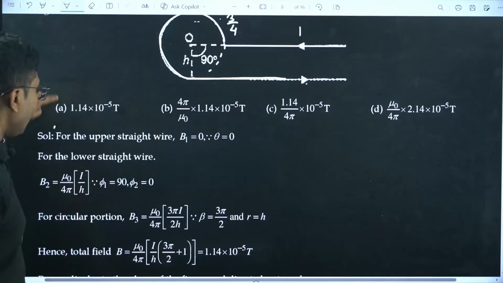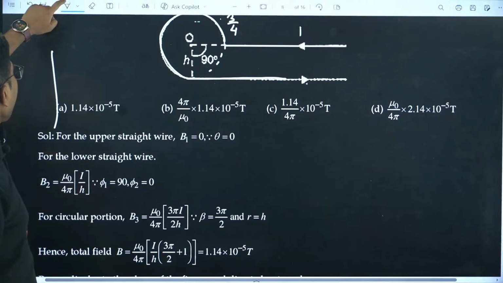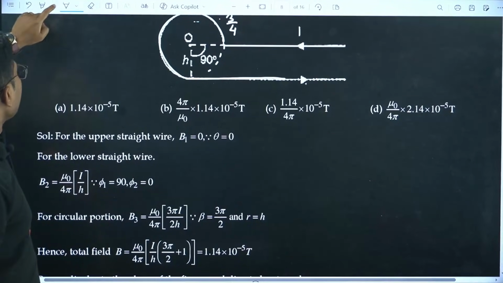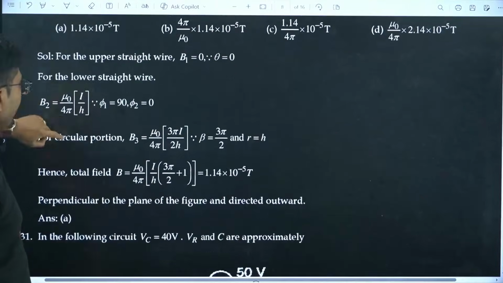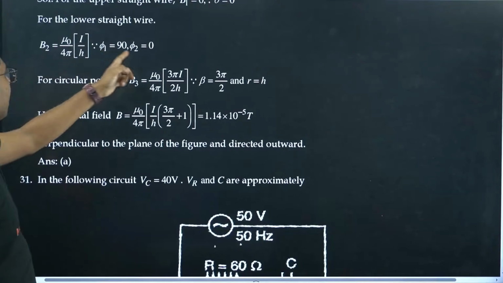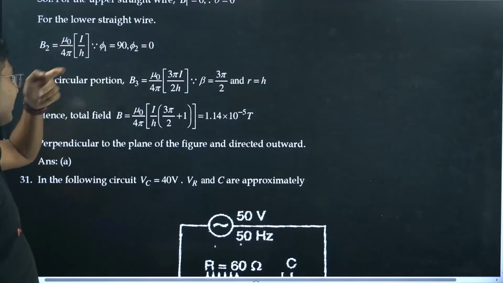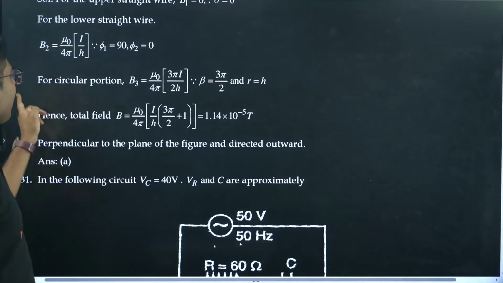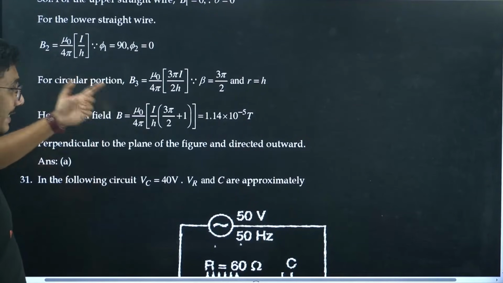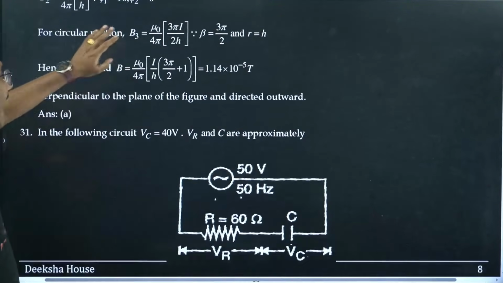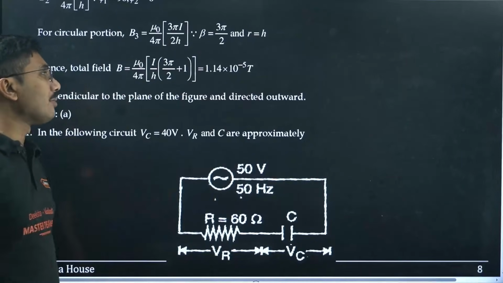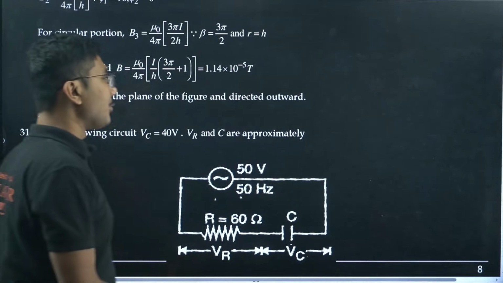So if you put the values, you calculate the magnetic field from the straight wire, and for the circular area also you calculate the magnetic field, and then you add them to get the value as 1.214 into 10 to the power of minus 5 Tesla.